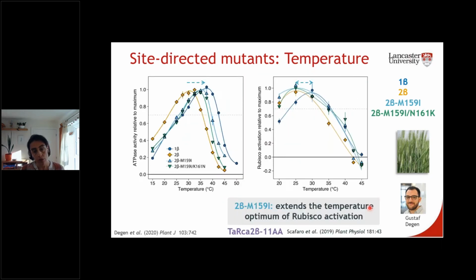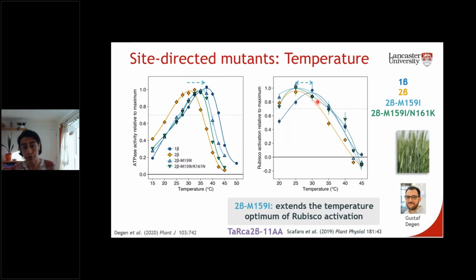And so he then went on to characterize the temperature response of these mutant proteins, where he had done the site-directed mutagenesis, and basically saw that in terms of ATP hydrolysis, there was a shift towards higher temperatures, more similar to the thermal tolerant Rubisco activase isoform, by changing that one amino acid. So changing a methionine for an isoleucine made these mutant proteins more similar to the thermal tolerant protein.